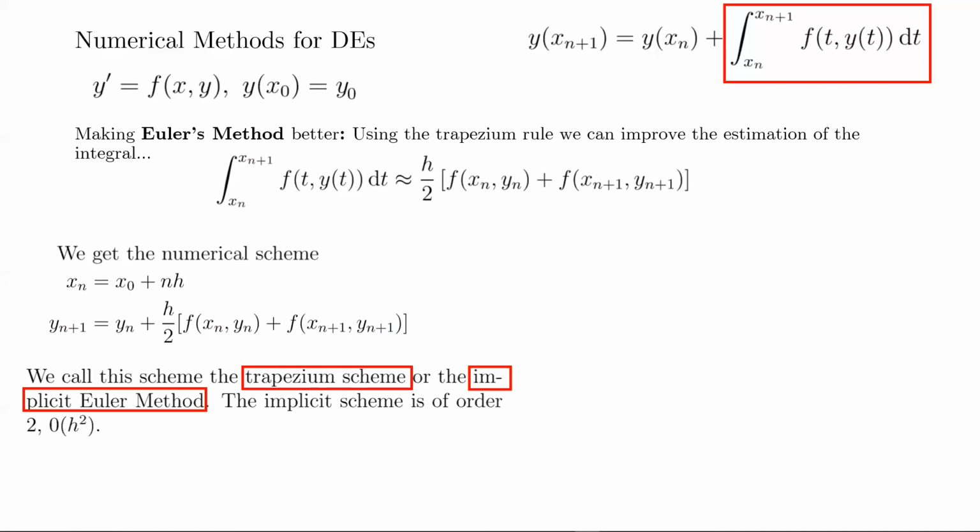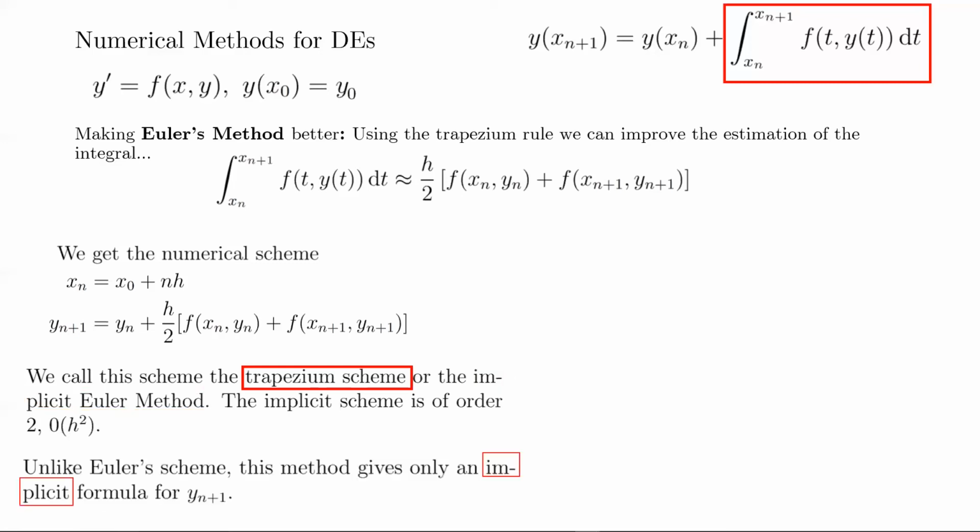Okay, so this implicit scheme is of order 2, and the accuracy is order h squared. Problem is, unlike Euler's scheme, this method gives only an implicit formula for y of n plus 1. What do I mean by that? Well, I'm trying to find y of n plus 1, right? I'm trying to solve for this y of n plus 1.